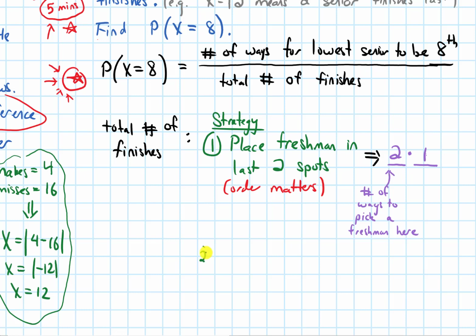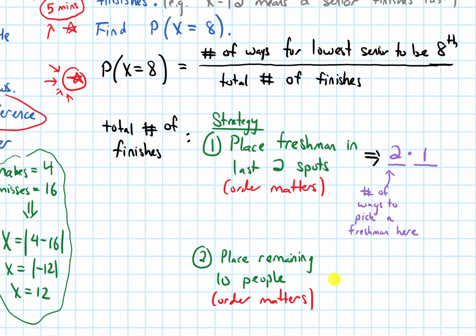Let's think about the next thing in the strategy. Once we've placed those freshmen, now let's place the remaining people. And there's going to be 10 people remaining because there were 12 people overall. And again, the order in which we place them matters.